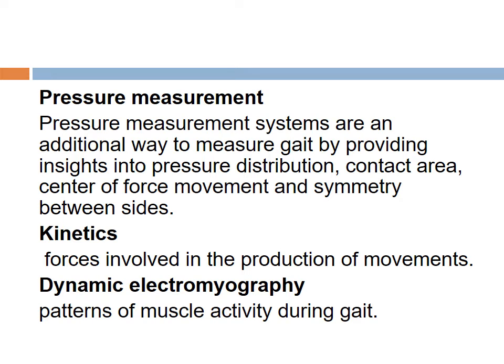Pressure measurement. Pressure measurement systems are an additional way to measure gait by providing insight into pressure distribution, contact area, center of force movement, and symmetry between sides. Kinetics. Force involved in the production of movements. Dynamic electromyography. Patterns of muscle activity during gait.